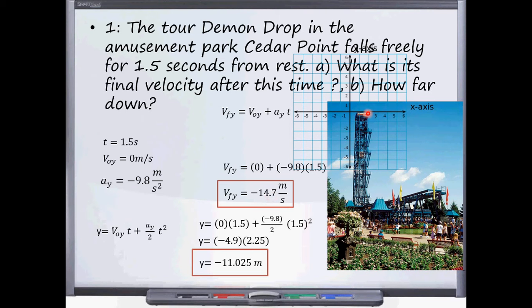You have to take into consideration that the moment you start the problem, when you drop or throw your object, that is the 0 position of your Cartesian plane, and from that point, if you move down, you begin counting your distance, or if you move up, you begin counting it in a positive way. So if I move down from the start, I have a distance of 11.025, but negative because we are moving down. That is the first problem.